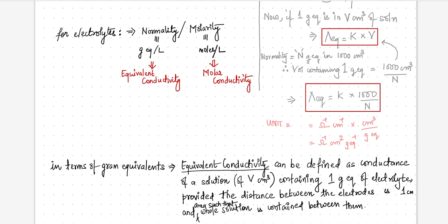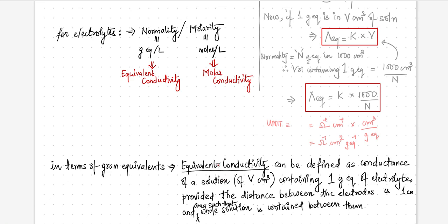It's pretty simple to understand, because here we are talking in terms of conductance. If you remember, in the previous video I told you that conductance is something that is more appropriate when we talk about electrolytes.